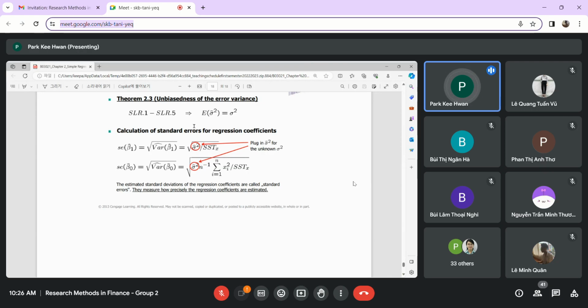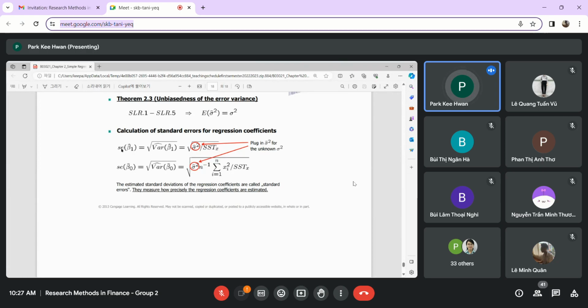And you want to say whether your estimated coefficient is statistically significant, in other words, whether it can be reliable or not, whether it's a precise estimate or imprecise. To determine that, you have to use the standard error of this estimate.